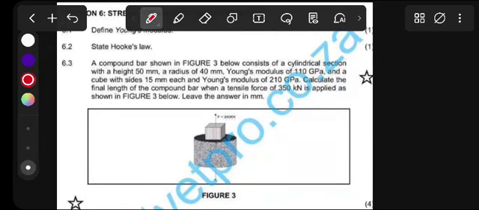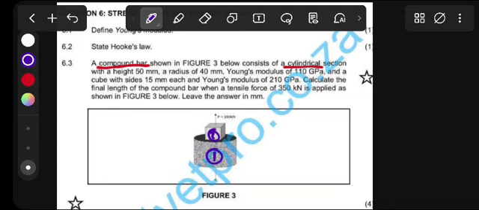6.3, we are given a compound shown in Figure 3. Here is our compound. Figure 3 below consists of a cylindrical section, as you can see. You can call this part 1, object 1, and that one part 2.